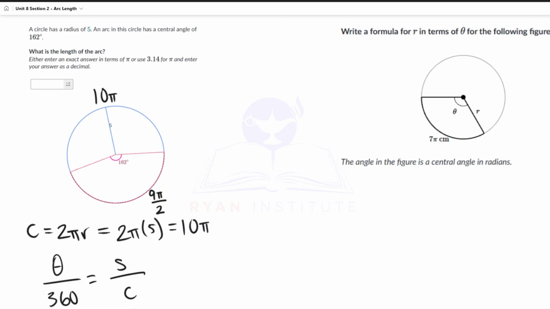We're going to take theta equal to arc length over radius. We are now going to substitute. We're given the arc length here, which is 7 pi over the radius r.